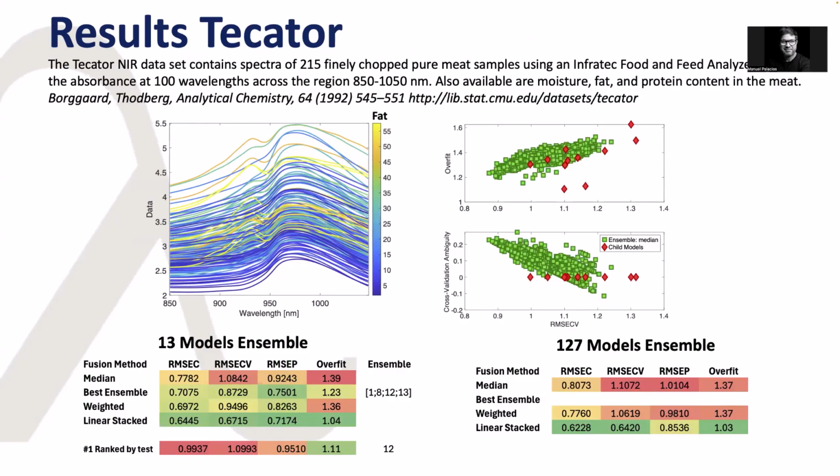Decatur is a great example, mostly because we know that for fat, Decatur is nonlinear. So what we start seeing is that as soon as we start ensembling models, we see errors at the level of nonlinear techniques.